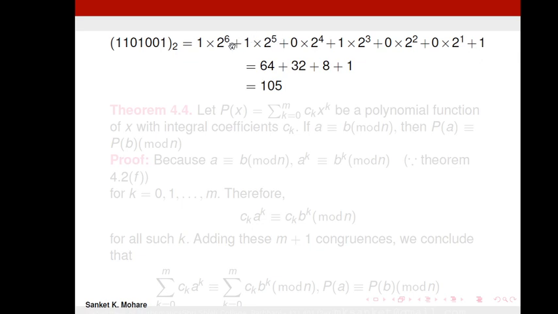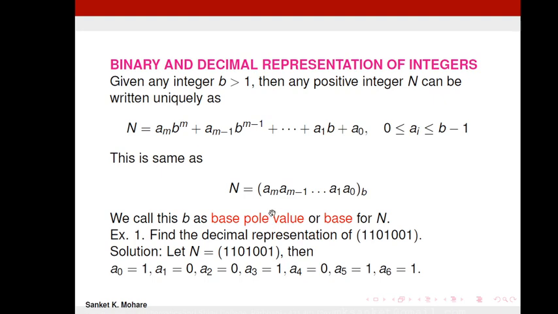So here we take power 6. Why? Here, how many ai's are there? There are a total of m plus 1 ai's: 1, 2, 3, 4, up to m plus 1. But we choose power m. Whenever there are m plus 1 ai's, we choose power m.